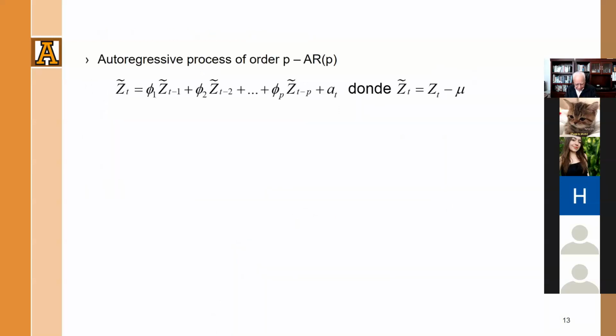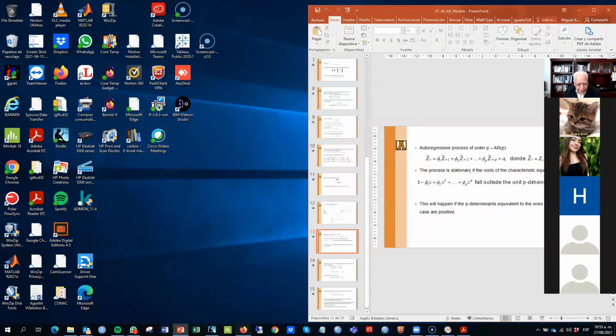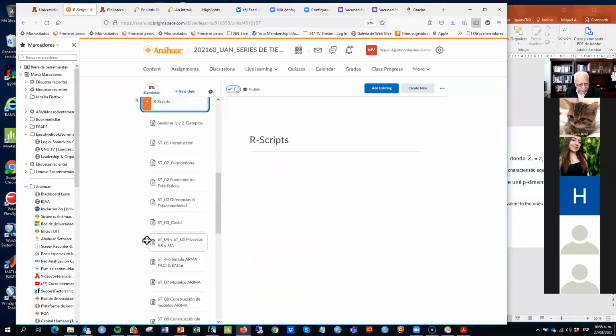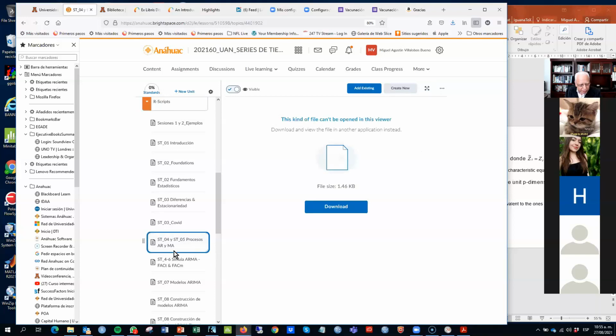Now let's generalize this thing. Let's see how we're doing in time. Let me take a look very quickly at the scripts that I have in Brightspace. ST04.